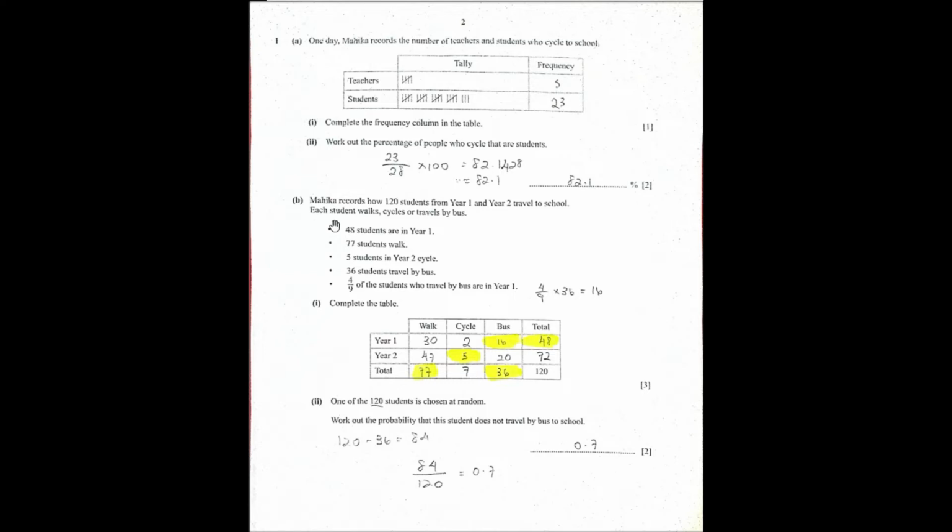Question 1b. Mahika records how 120 students from Year 1 and Year 2 travel to school. Each student walks, cycles, or travels by bus. 48 students are in Year 1, so that 48 students is right here. 77 students walk and 5 students in Year 2, whereas 36 students travel by bus and 4/9 of the students who travel by bus are in Year 1. 4/9 of those who travel by bus, which is 36, so 4/9 multiplied by 36 is 16.